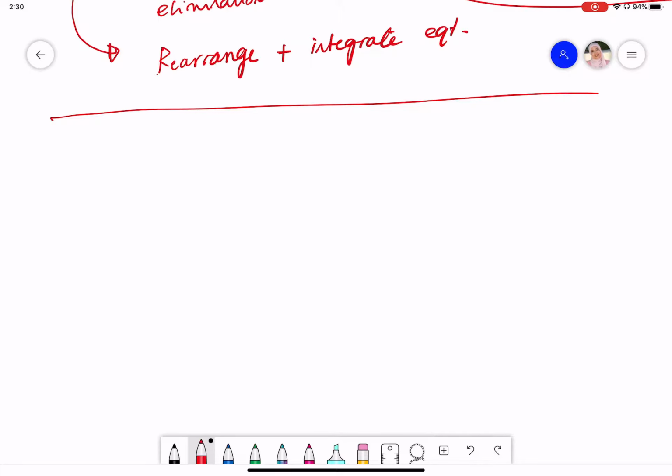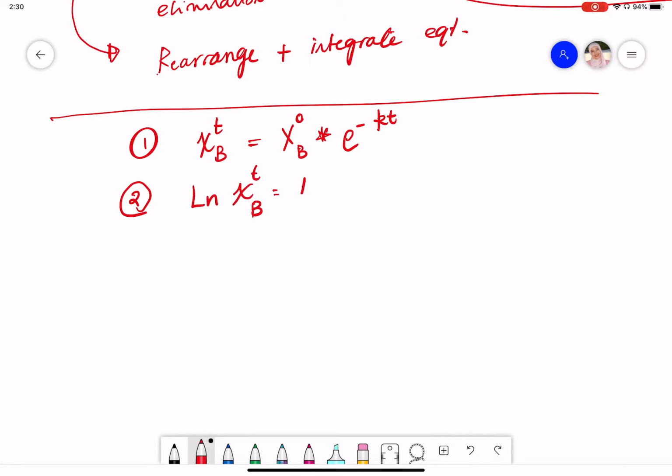We will have the exponential equation, which is Xp at a certain time equal to Xp at time 0, which is the initial amount, multiplied by the exponent to the power of minus k times t. We can also have the equation in the ln term, which is ln Xp at a certain time equal to ln Xp initial minus k multiplied by the time.